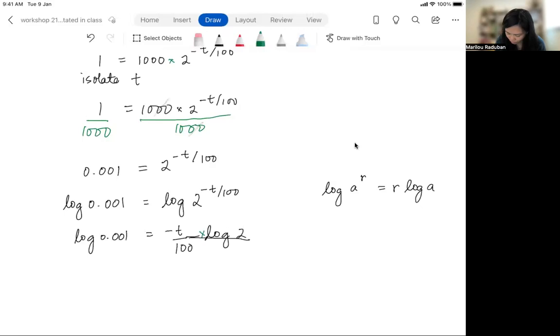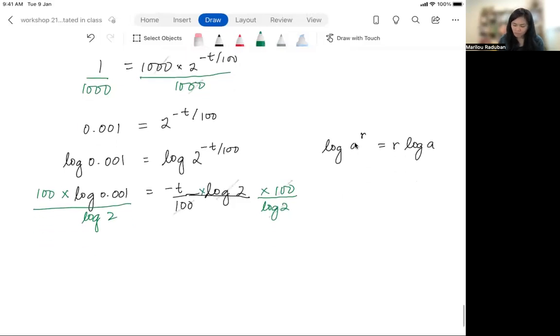If you divide by log 2 and multiply by 100, then you're canceling out the 100 divided by 100, and you're canceling out log 2 divided by log 2. So you have to do that on the left side as well: multiply by 100 and divide by log 2.